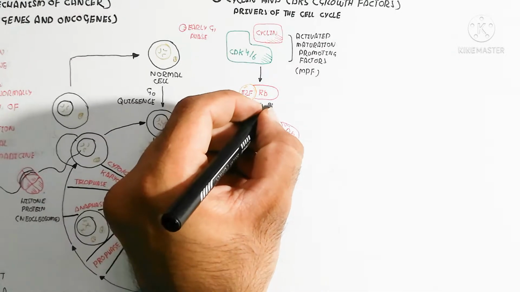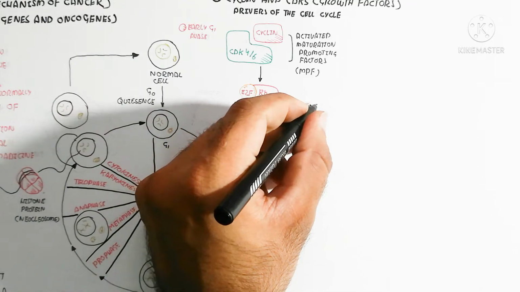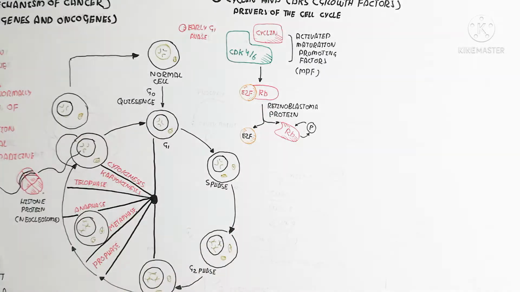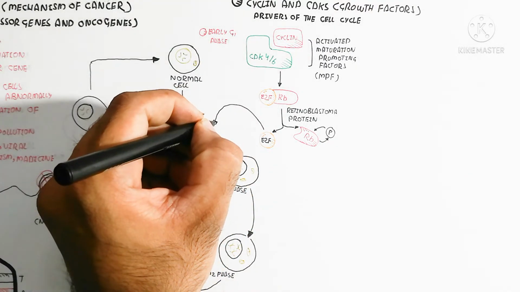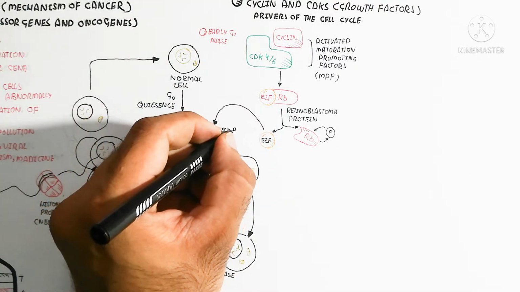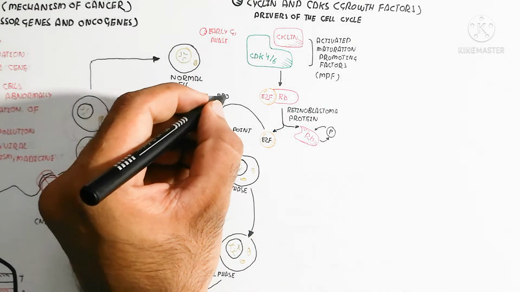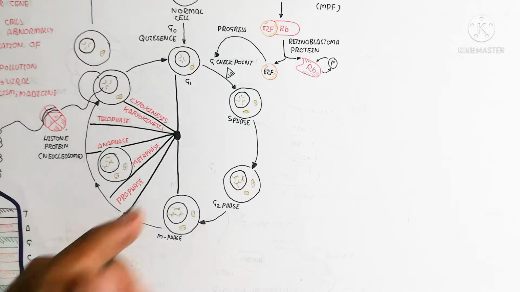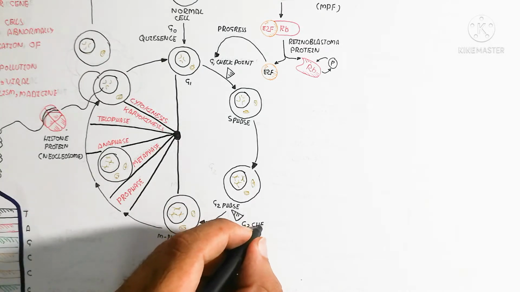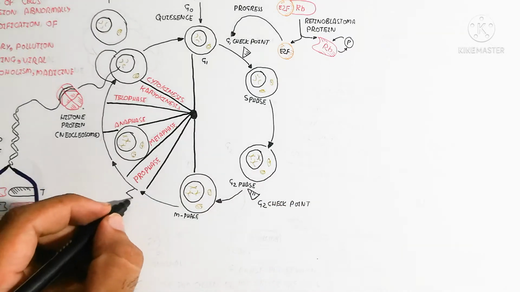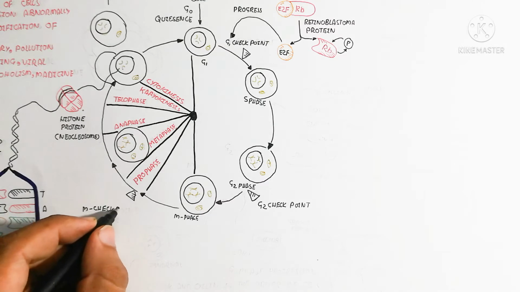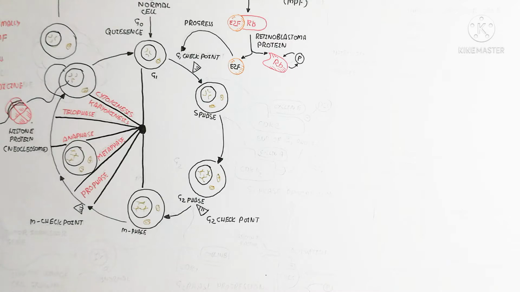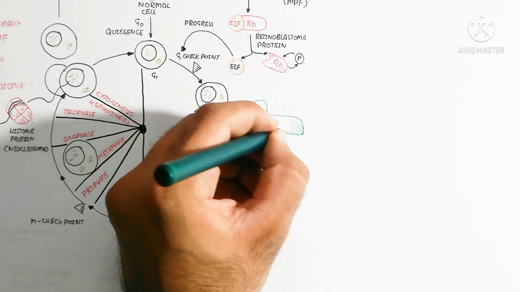So the retinoblastoma is released separately, and E2F is basically the growth factor. This growth factor leads through the G1 phase, before the G1 checkpoint, and the progression from G1 phase to S phase.